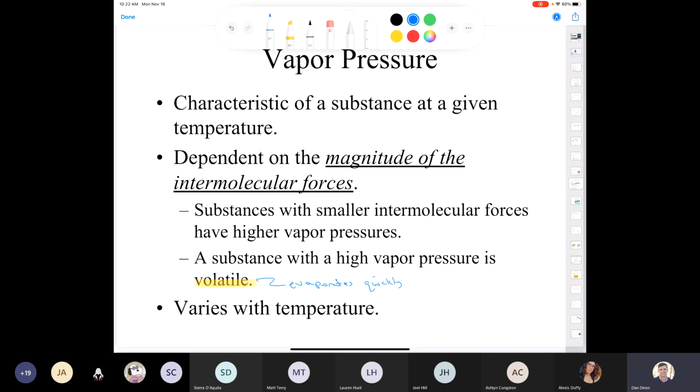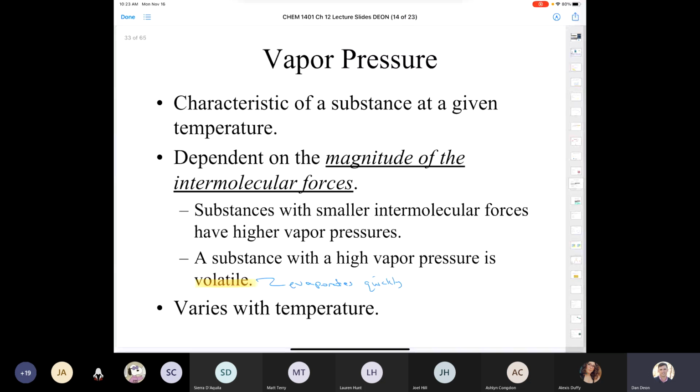Camden says they use it to describe the stock market. Absolutely, Camden. What does it mean? It's unpredictable. It's got a low boiling point. It's going crazy. So when something is volatile, the molecules are going crazy. They're in the gaseous phase. They have a lot of kinetic energy. So it's something that evaporates quickly. It's something that's volatile. And of course, volatility is going to vary with temperature.